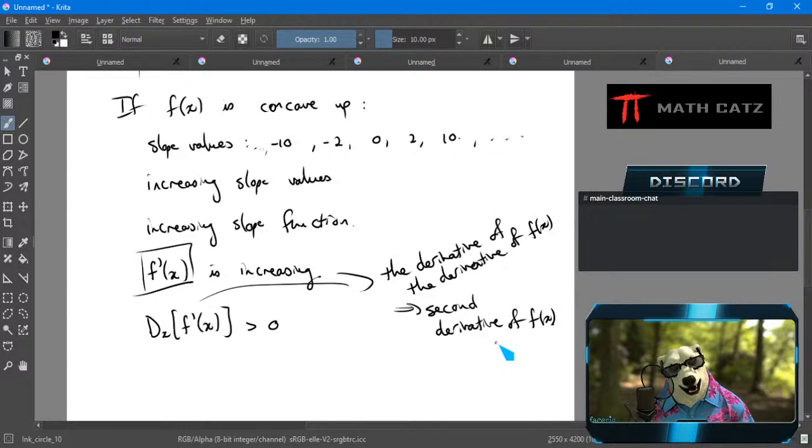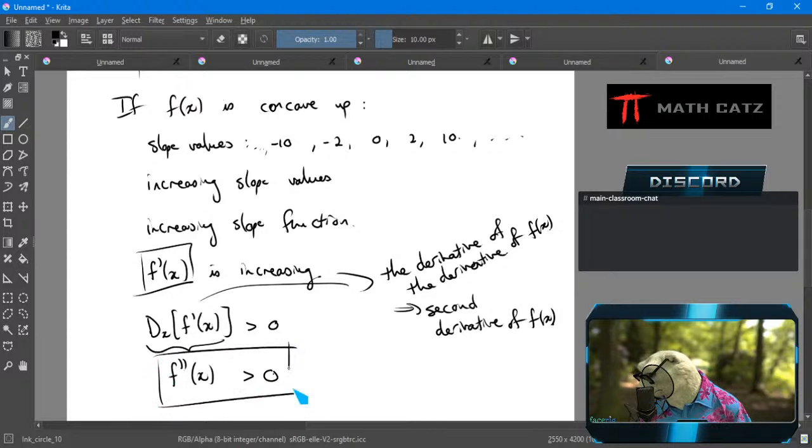So I have multiple layers of derivatives because when I take the derivative, I get a function. Who says I can't take the derivative of that function? And in fact, that second derivative is going to tell me how the graph bends. Now for short, we're just going to write this as f double prime. And that is going to be what we have to look at.